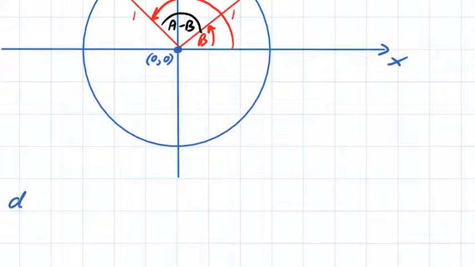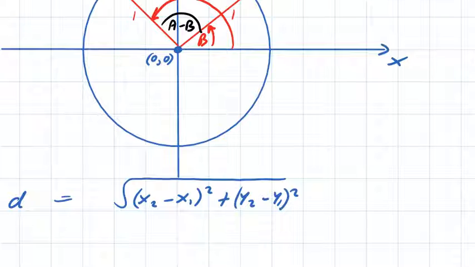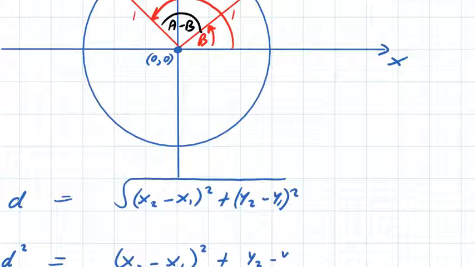So distance is equal to, from the tables, the square root of x2 minus x1 squared plus y2 minus y1 squared. And square both sides, it's easier, so just get distance squared is equal to, get rid of the root straight away, x2 minus x1 squared plus y2 minus y1 squared.